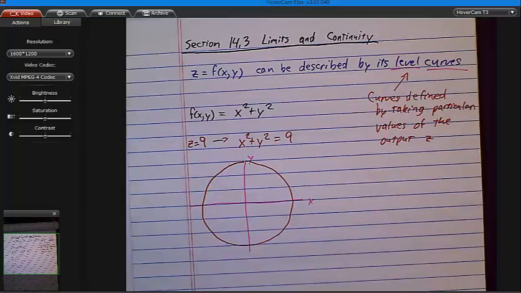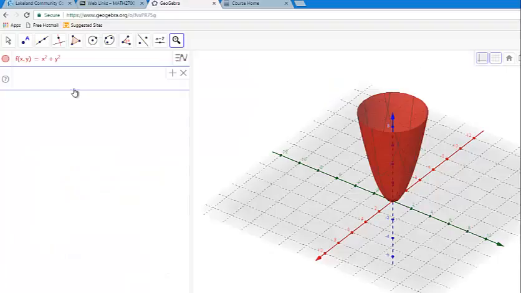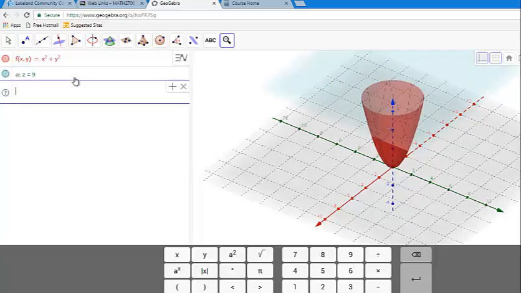If I go back to the website and say I want to graph z equals 9, I didn't like that so much.